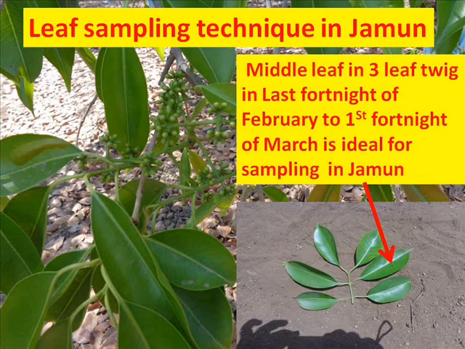We observed some trees giving recently matured leaf in March, around March 15, and in some early varieties it started in the last week of February. Late varieties sometimes take until the last fortnight of March. Whatever it may be, we standardized that from the last fortnight of February to the first fortnight of March we get recently matured leaf in large amounts.